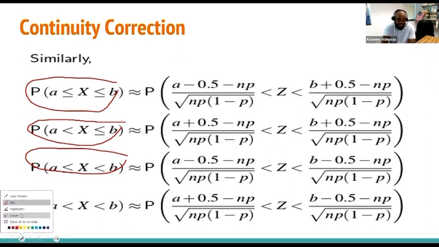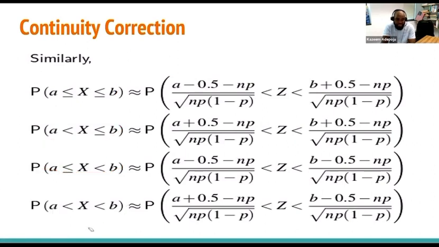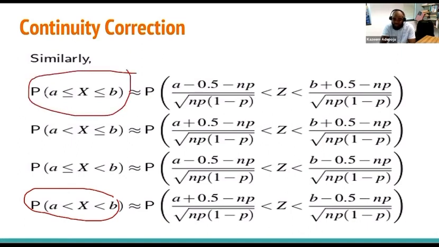I'm going to show you something really quick. When you take a look at this one here, what you did is the opposite of this one. This is closed at both ends: you subtract 0.5 here, you add there. But when you come to open at both ends, you add here and subtract there. You can see it's an opposite.